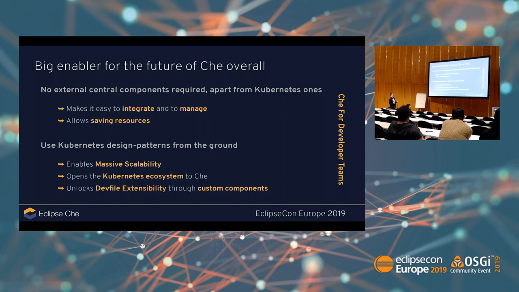And of course, it will open the Kubernetes ecosystem to Che, leveraging all the features that are provided by operators, a currently growing ecosystem of operators. And last but not least, it would also allow us to unlock Devfile extensibility.